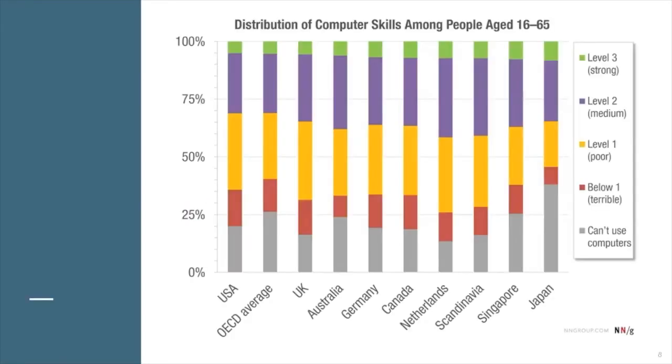Here is a graphic that shows the different kinds of level. Most people in this room are probably level 3, the 5 to 8% that have really strong computer skills, but here for Germany we have 2/3 of the user base with poor to no computer skills.